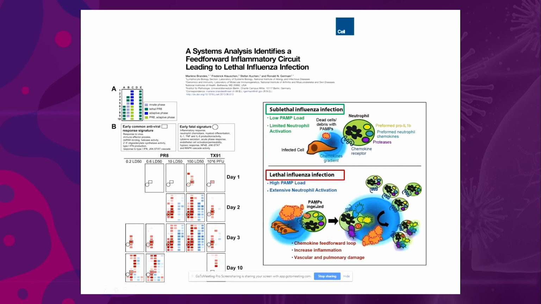The signatures related to acute lung injury involved extensive neutrophil activation and excessive production of cytokines like TNF and IL-1 beta, but not others, and of course led to vascular pulmonary damage and lethality.